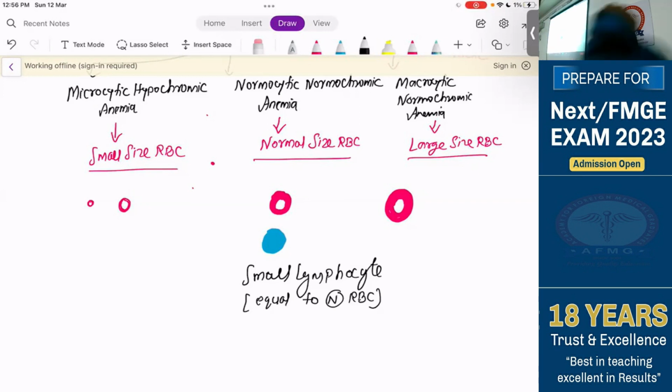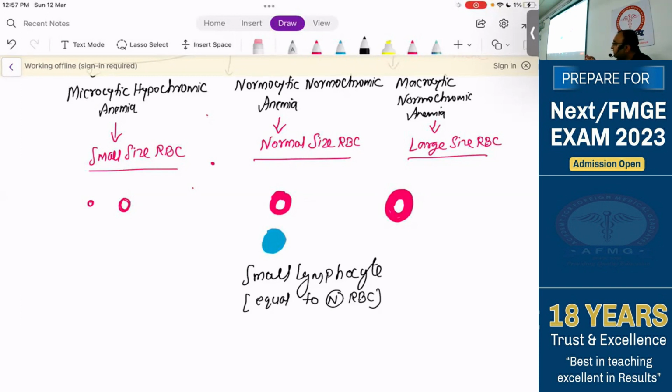Because it is a nucleated cell, it will have a blue color round nucleus. So you have to find the blue color round nucleus. If it is there, then you compare the size of RBCs which are near that lymphocyte. All the RBCs near this lymphocyte, if they are smaller than this, that means they are microcytes. If they are larger than this, that means they are macrocytes. That's how you are going to say whether it is micro, macro or normocytic.